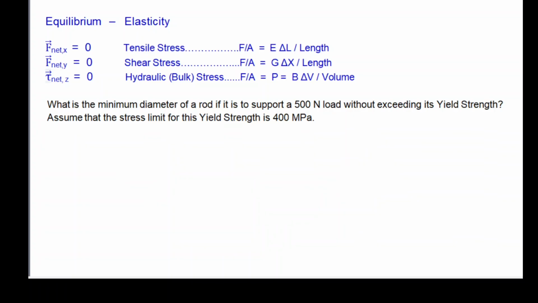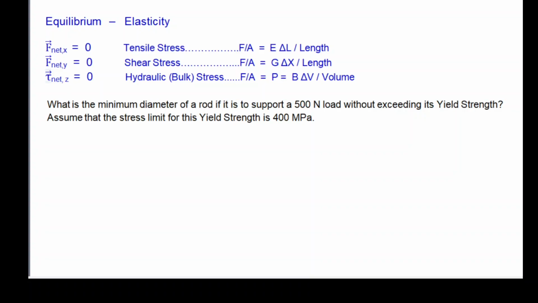Here's our next problem. What is the minimum diameter of a rod if it is to support a 500 Newton load without exceeding its yield strength? Assume that the stress limit for this yield strength is 400 megapascals. Well, we can find the minimum area to find the diameter.